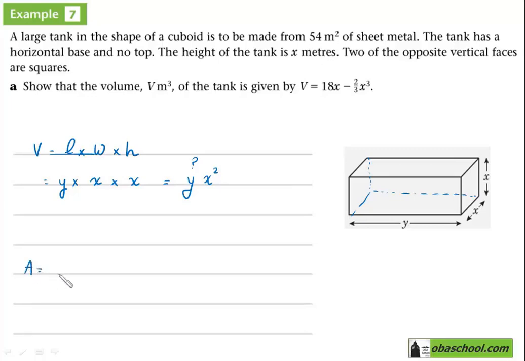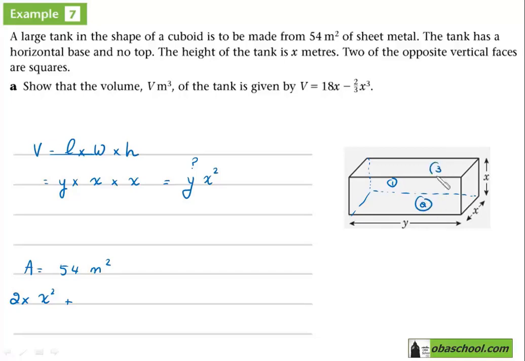Remember that the total area is 54 meters squared. So it is the area of all the sides of the box. Look, here we have two squares. So 2 times the area of the square, and the area of the square is x squared. Plus here we have 3 faces, 1, 2, 3.